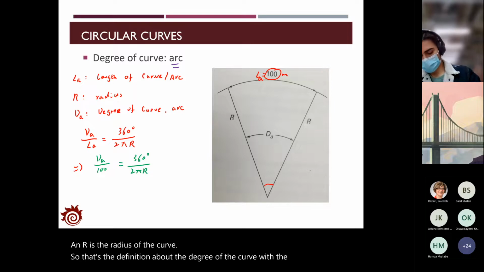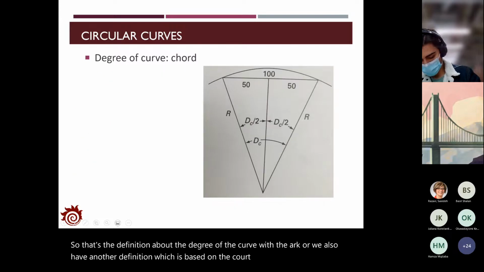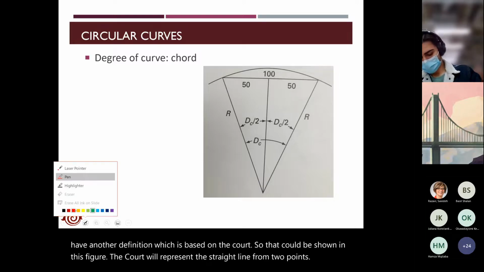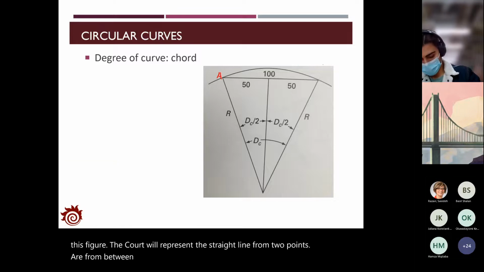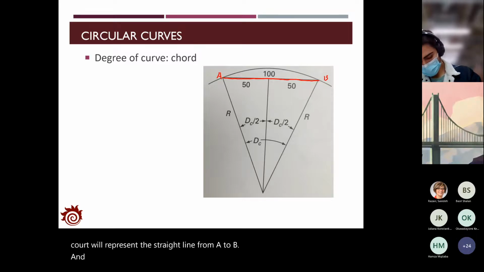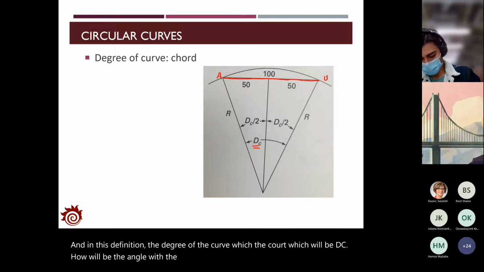We also have another definition, which is based on the chord. That could be shown in this figure. The chord represents the straight line between any 2 points on the curve, say point A and B, so the chord is the straight line from A to B. In this definition, the degree of the curve with the chord, which will be DC, is the angle with the chord length of 100 meters.